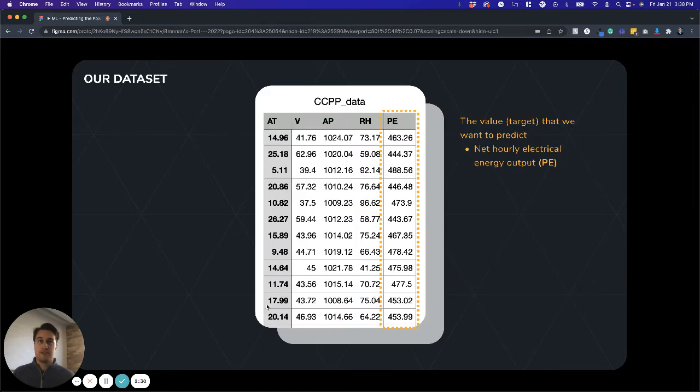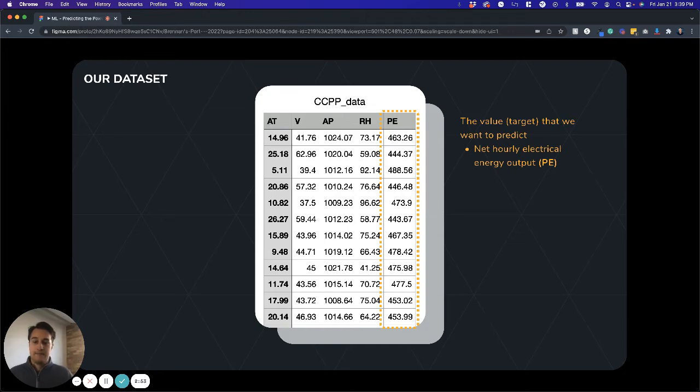So for this project, they gave us students a data set, which was quite simple and straightforward and pretty clean. It's coming from the UCI machine learning repository. And the data was collected over 6 years with over 9,568 data points.